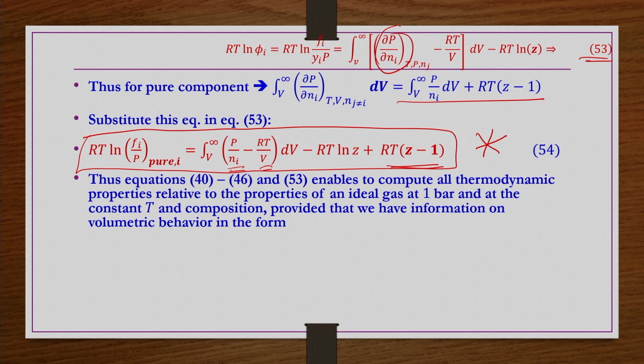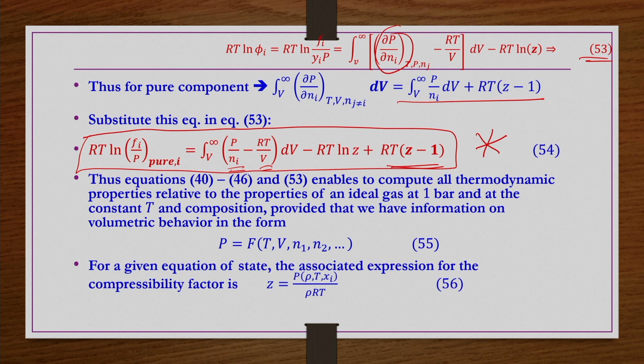What we understood from equations 40 to 46 and 53 will enable us to estimate all thermodynamic properties relative to the properties of an ideal gas at 1 bar and at constant temperature and composition, provided that we have information on volumetric behavior in the pressure explicit form, like P as a function of temperature, volume and composition, as given here. For a given equation of state, the associated expression for the compressibility factor PV by RT can also be written as P by rho RT.